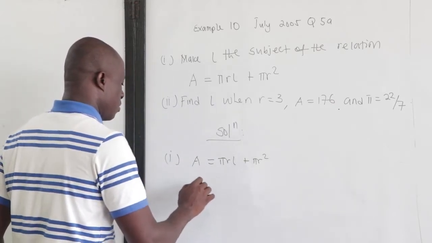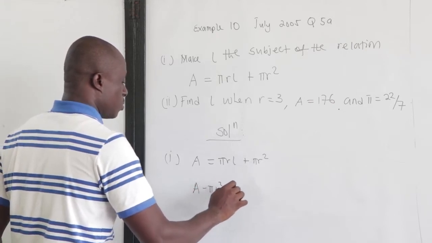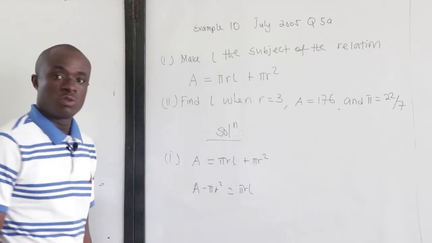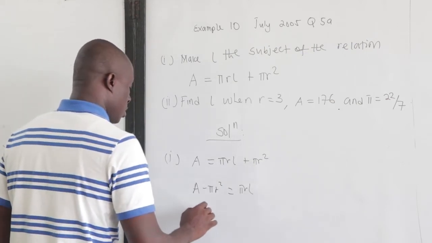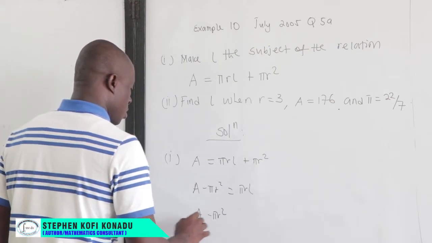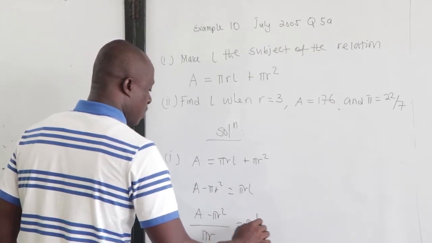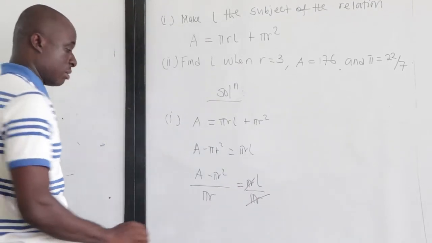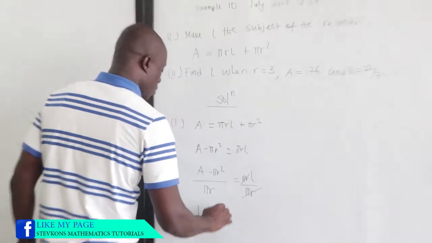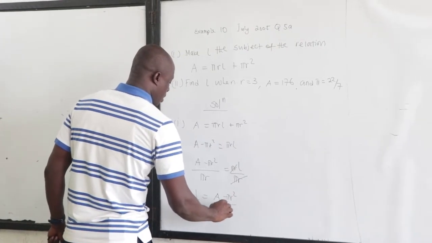So we have A minus pi r squared equal to pi r L. We want to make L the subject, so we divide both sides by pi r. So A minus pi r squared all over pi r equal to pi r L all over pi r. Because pi r will cancel out pi r, we have L equal to A minus pi r squared all over pi r.